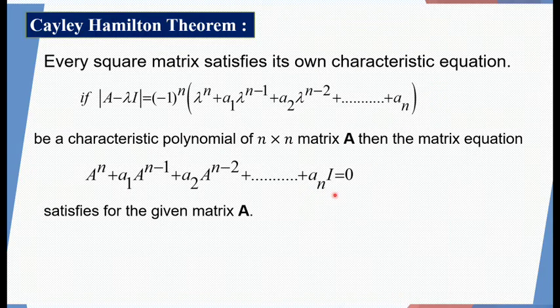So for this we write identity matrix here with this constant an. So this is the condition of Cayley-Hamilton theorem, and we will not discuss proof of this particular theorem in this lecture. So we are moving on to the example based on this particular theorem.